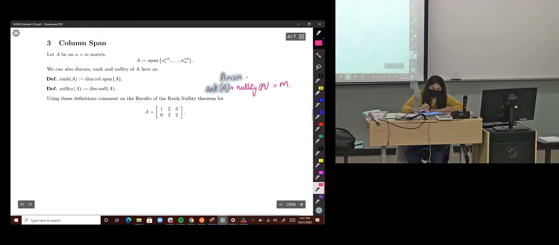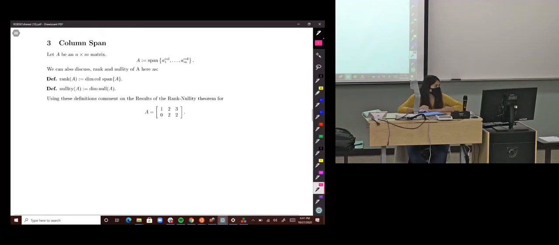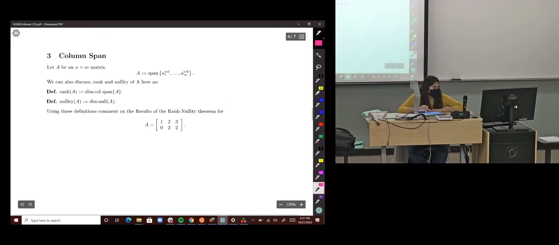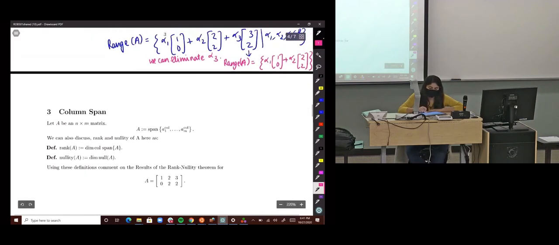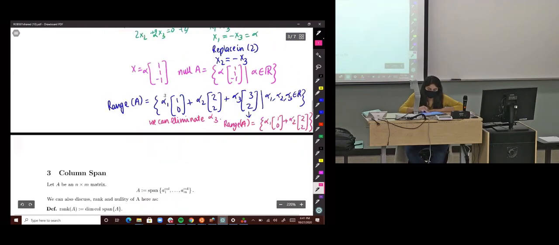So given any matrix A, if we know how to find the column span, we know how to find the null space, and we know how to count the number of linearly independent vectors in any set, then we have everything we need to prove the rank nullity theorem for any matrix A.